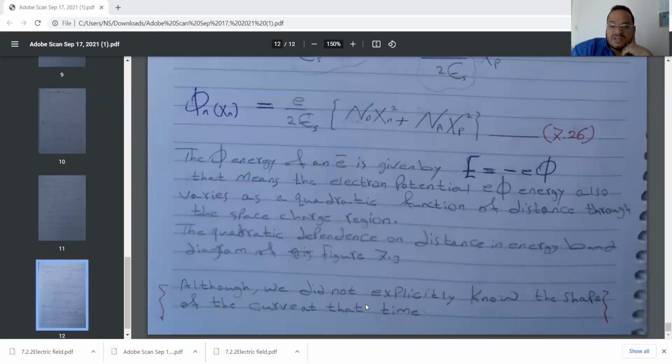Although we didn't explicitly know the shape of the curve at the time, the right curve, we couldn't know it at this time.